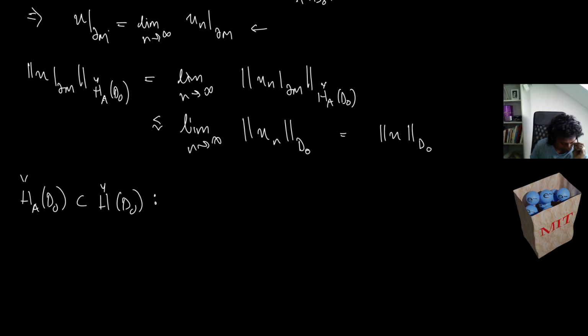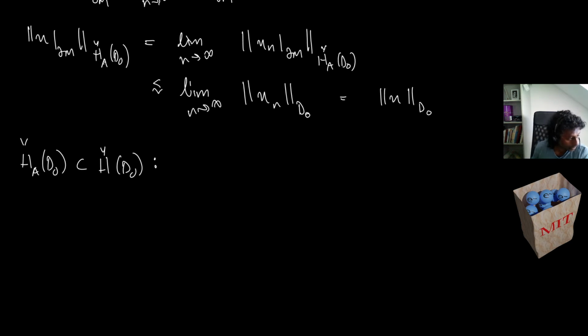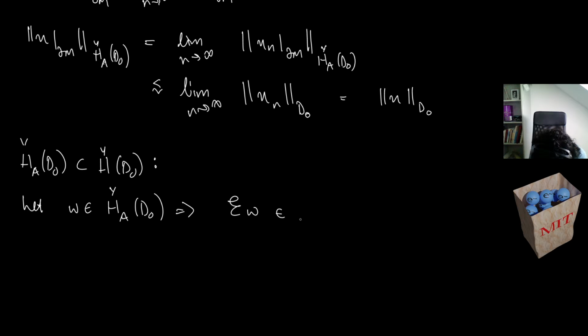For this, we use also the other lemma, right? So let W be in H check A of D naught. And so we have E, the extension operator, applied to W from the previous lemma, is in dom D naught max.